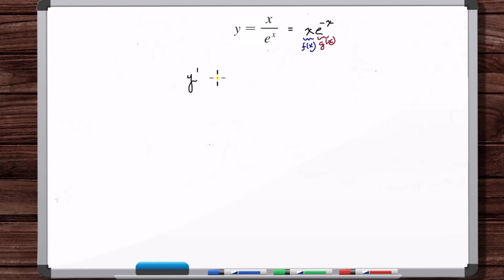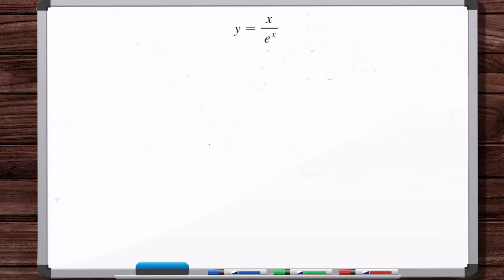So y prime is equal to f prime of x g of x plus g prime of x f of x. The derivative with respect to x of x is 1 times g of x, plus the derivative with respect to x of e to the minus x. Well, actually, we don't know how to do that yet. So let's restart.